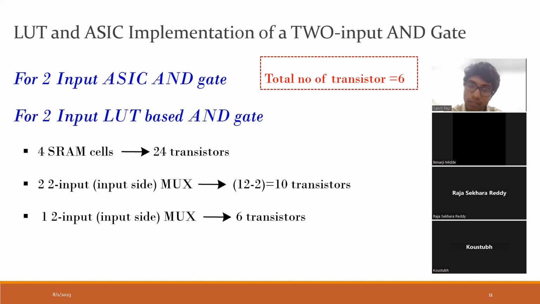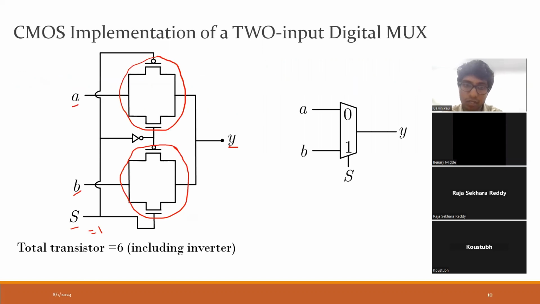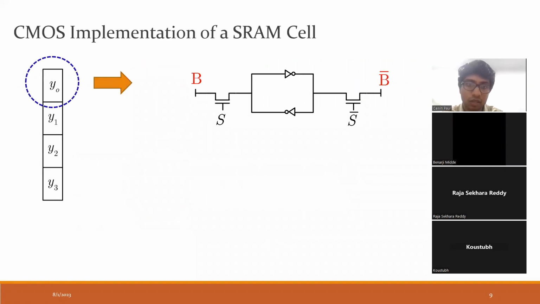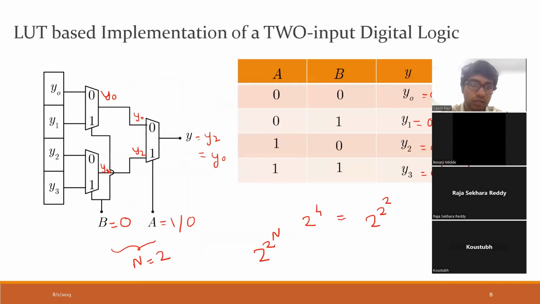Now I require 2 input side muxes. So if we see over here, this mux first, let us see, requires 6 transistors. Similarly, we would think that this mux also requires 6, this mux also requires 6 transistors. But if you would have observed, there's a common NOT gate.